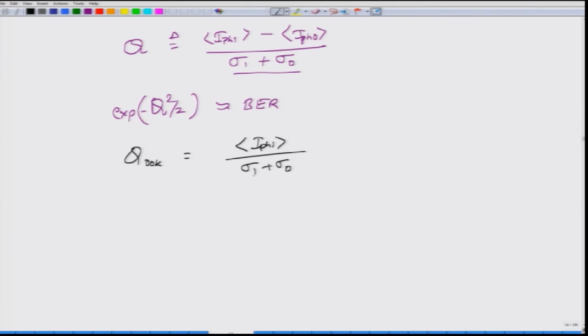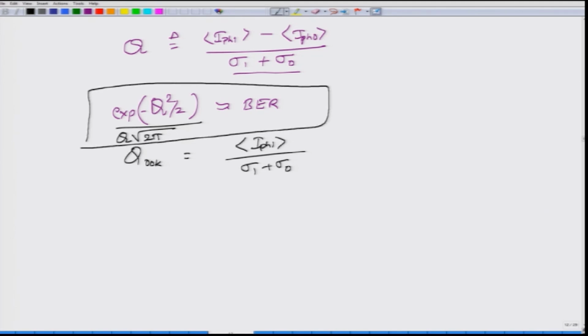So, this is what the on-off keying Q factor would look like, and the relationship between the BER and this is roughly that exponential of minus Q square by 2, divided by square root of 2 pi into Q, is the bit error rate. So, you can convert from the Q factor to BER.